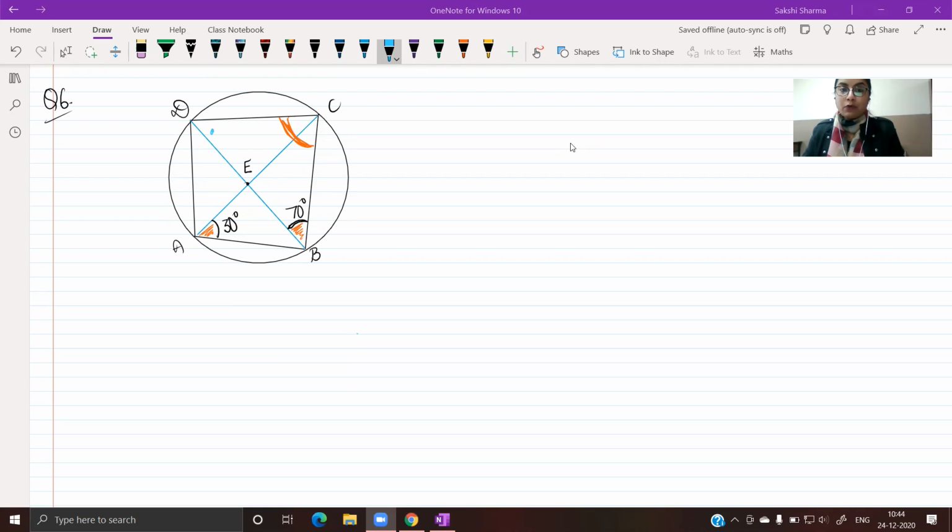If you observe chord BC, this is making two angles on the circumference. BC subtends two angles on the circumference at A and at D. Those two angles will be equal. So that means angle BAC will be equal to angle BDC.